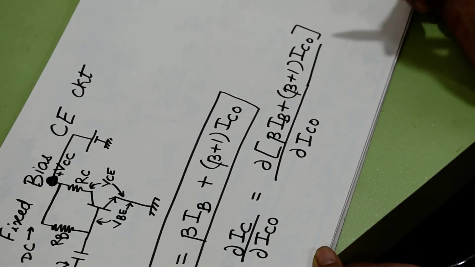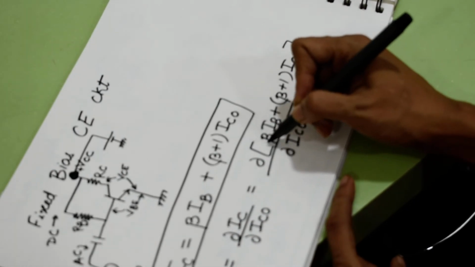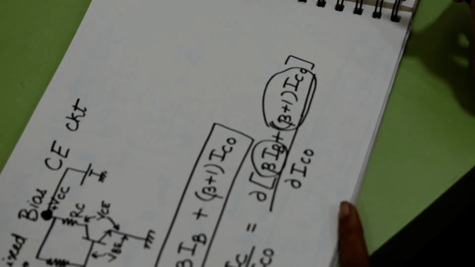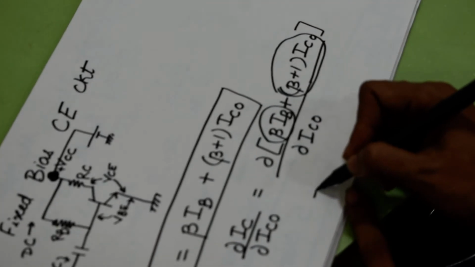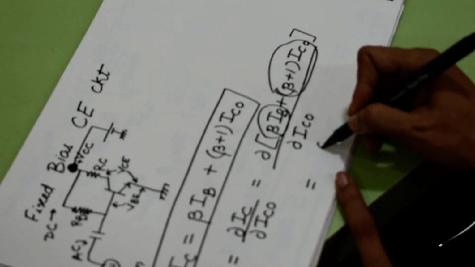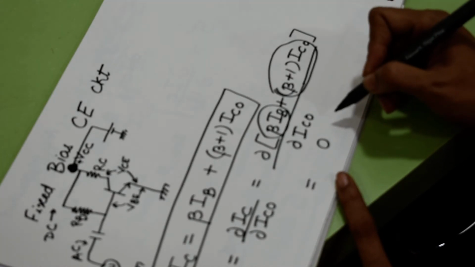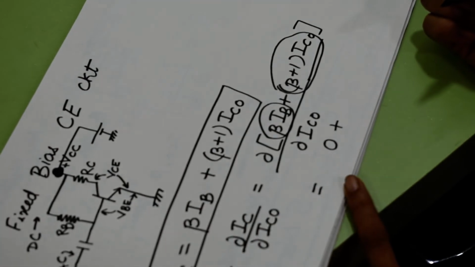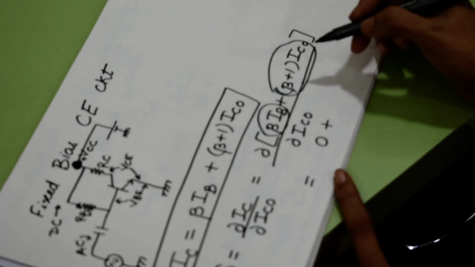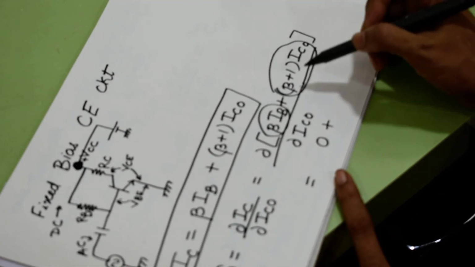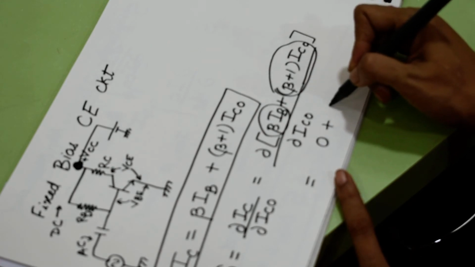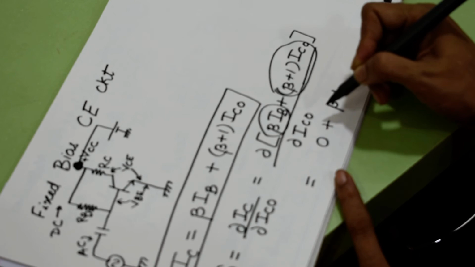So in short, there are two different factors. Out of these two different factors, the first factor does not have ICO, so its differentiation will be 0. For the second parameter, when I am taking the partial differentiation, I get the value as beta plus 1.